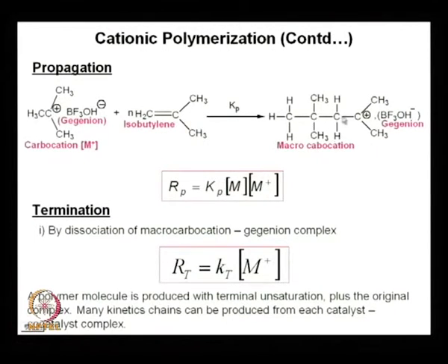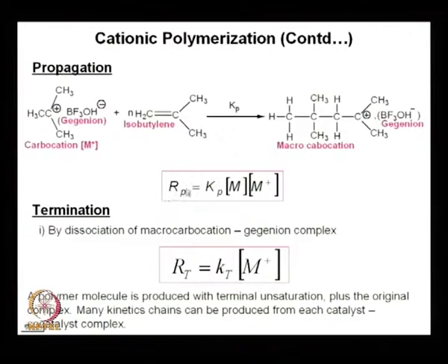Here it is not shown with the bracket, it should be shown with n number of units, then we can say macro carbocation, the length of which may be huge. Once it is formed, it requires to be terminated. As before in radical chain polymerization, the sequence of events is initiation, propagation and termination.